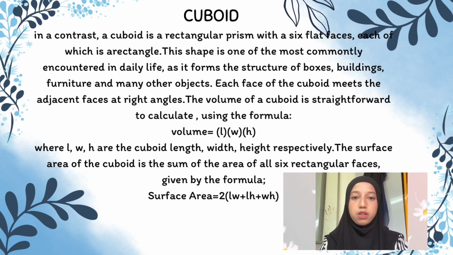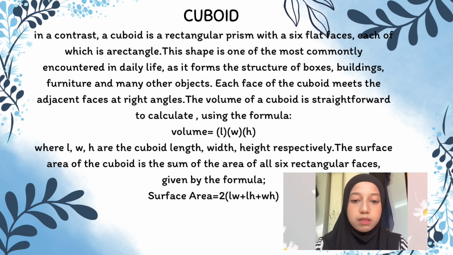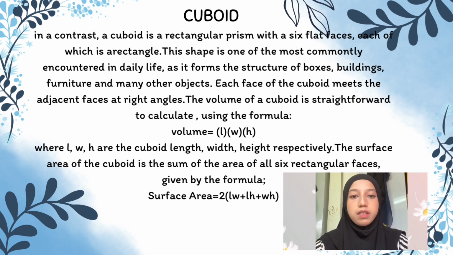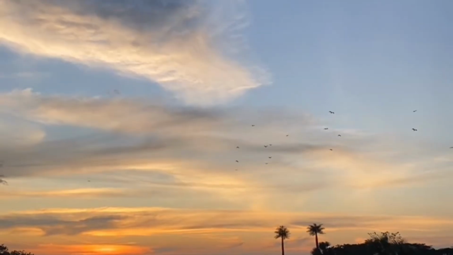The volume of a cuboid is straightforward to calculate using the formula L times W times H, where L, W, and H are the cuboid's length, width, and height, respectively. The surface area of the cuboid is the sum of the areas of all 6 rectangular faces, given by the formula 2 open bracket LW plus LH plus WH close bracket.